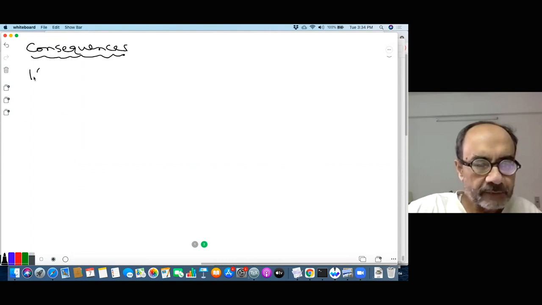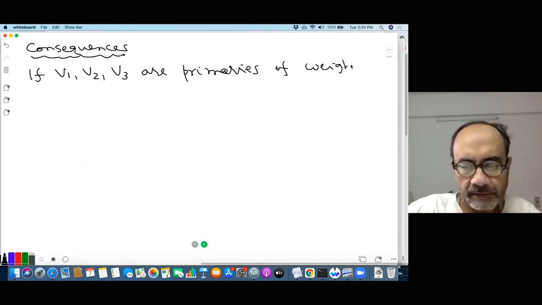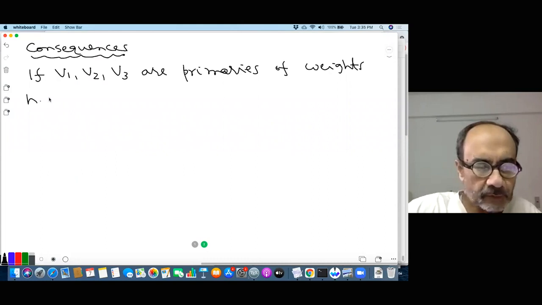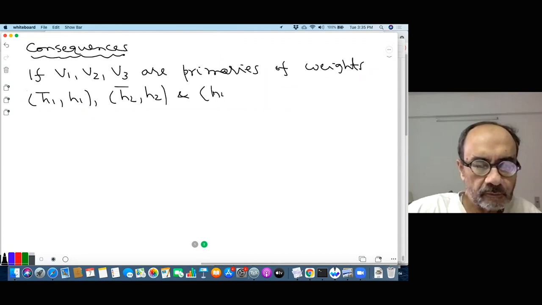So first, if V1, V2, V3 are primaries of weight H1, H1 bar, and so on, then the following relations hold.